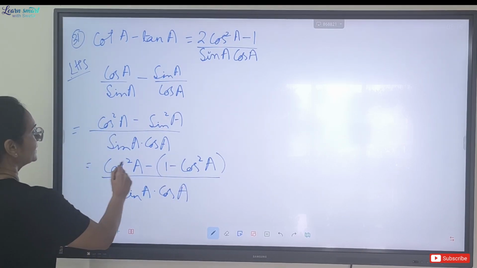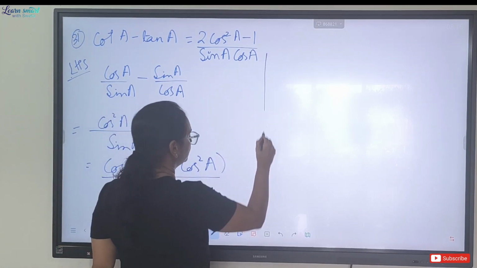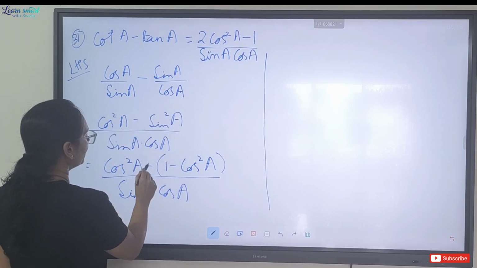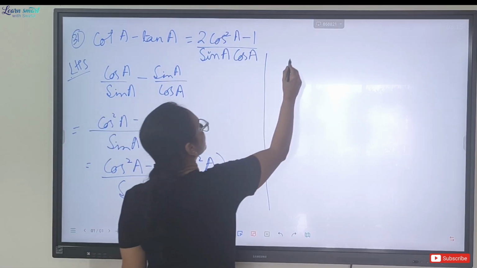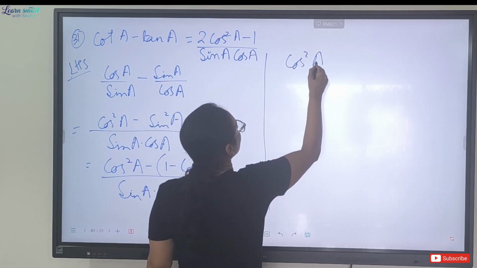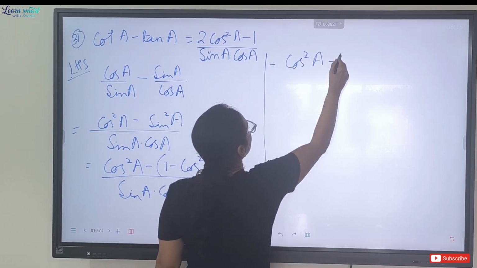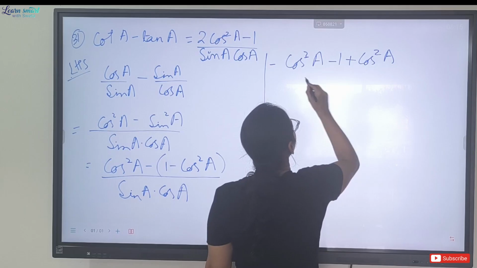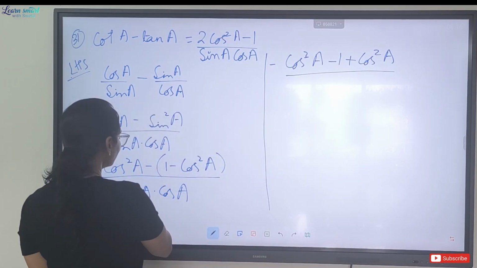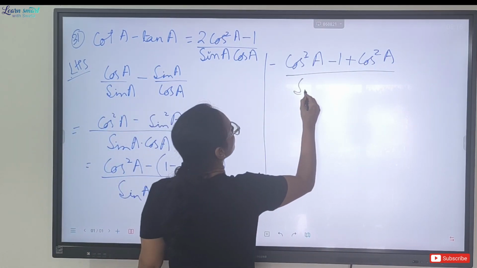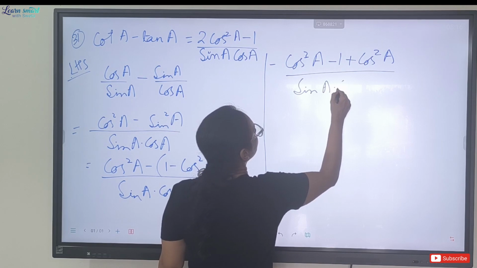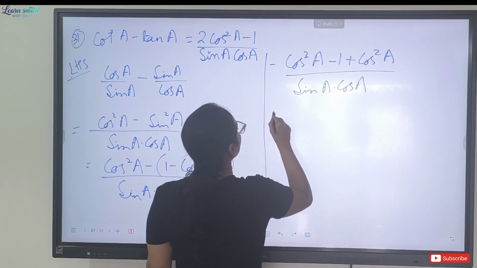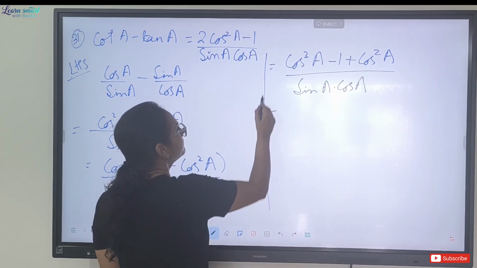Next, let's simplify the numerator. So we can write cos square A minus 1 plus cos square A. Denominator will remain same, sin A into cos A. Now numerator, let's simplify.